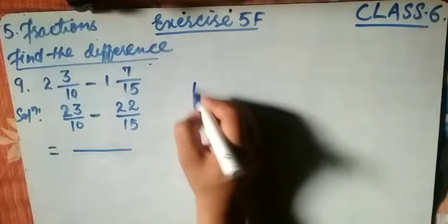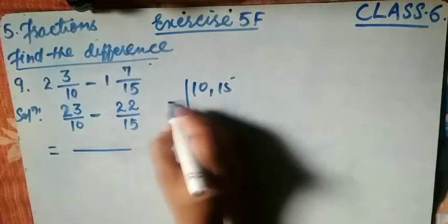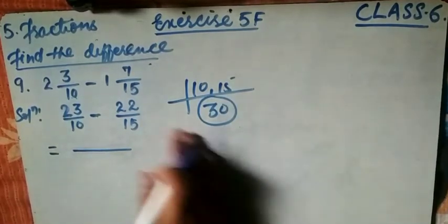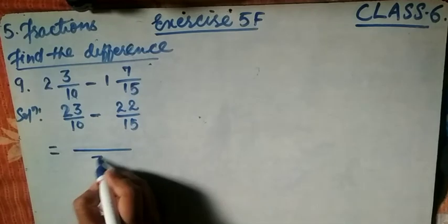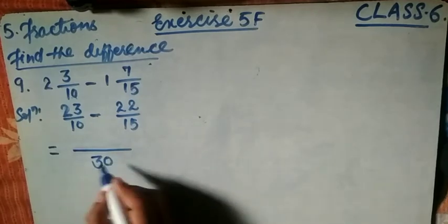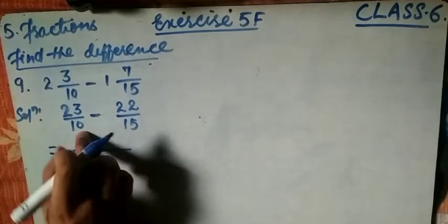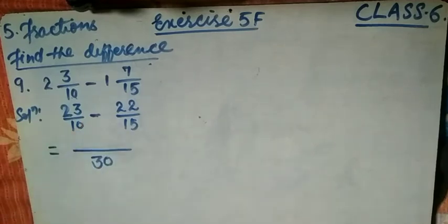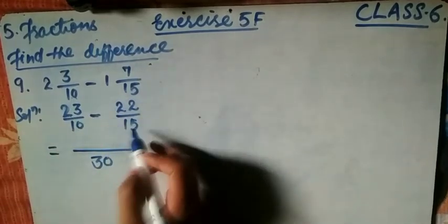Then take the LCM of 10 and 15. If you take the LCM of 10 and 15, 30 is your LCM. Then divide 30 by the denominator first, then whatever we get, multiply with 23.